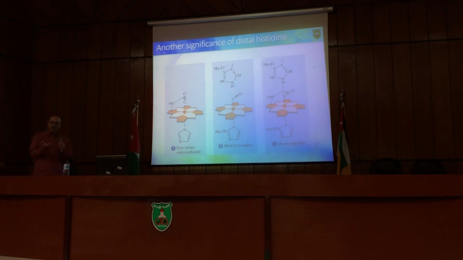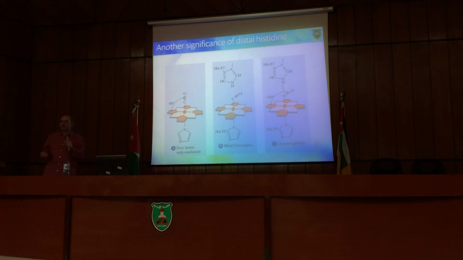Now, if you have free heme, that is, it's not bound to myoglobin, and you add equal amounts of carbon monoxide, CO, and oxygen, carbon monoxide binds to iron with an affinity that is 25,000 times higher than oxygen binding to iron. Amazing.